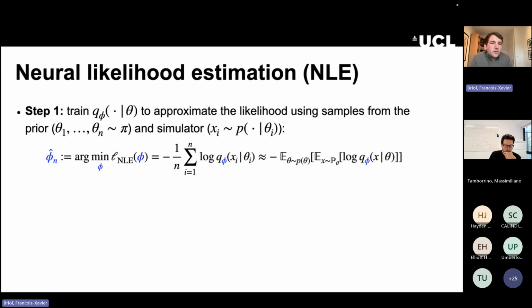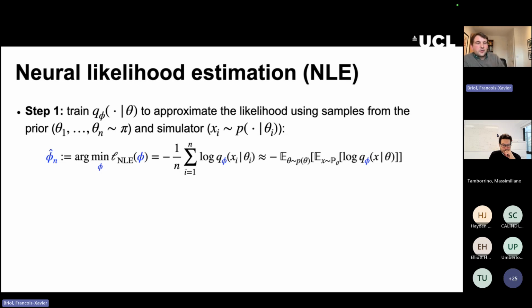Let me go through these two steps again, now adding a bit more mathematical detail. Step one: you have this Q-phi, which is my normalizing flow, and it's a surrogate of the density used in my likelihood. I've simulated from the prior to get some theta values, and for each of these theta values, I've used my simulator to get some x's. So I've got a lot of that.